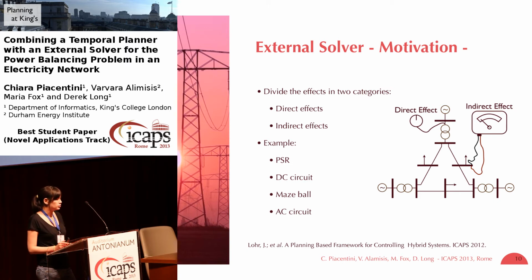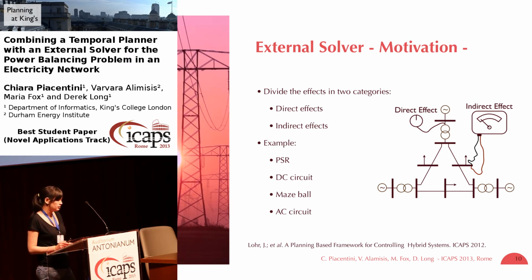There are other domains that present this kind of structure. For example, in the maze ball domain, we have a table, and on top of this table, we have a ball. Inclining the angle of this table, the ball changes position. So we can say that the change in the angle of the table is a direct effect, and the change in the position of the ball is an indirect effect.